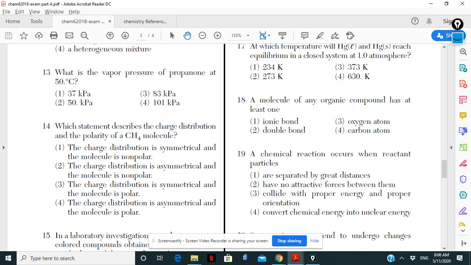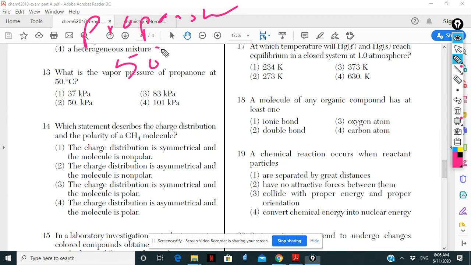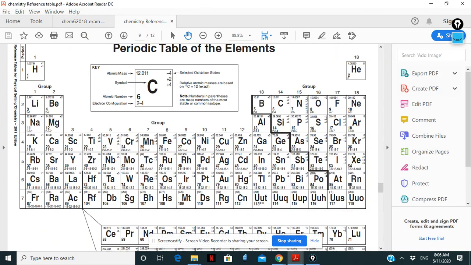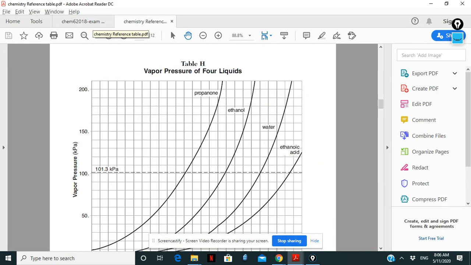What is the vapor pressure for propanone at 50 Celsius? So I go to the reference sheet, the vapor pressure curve.